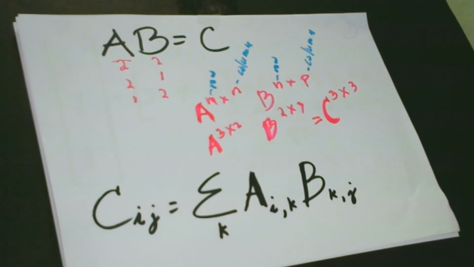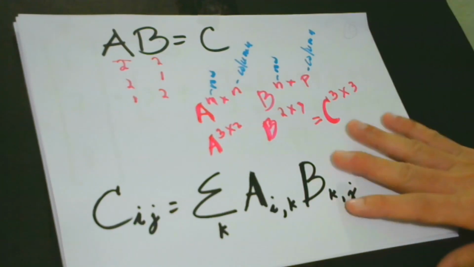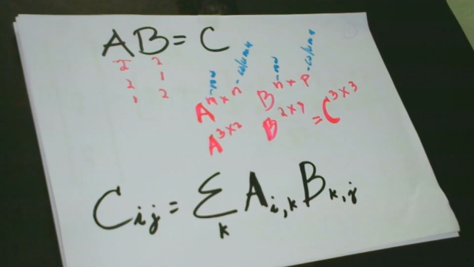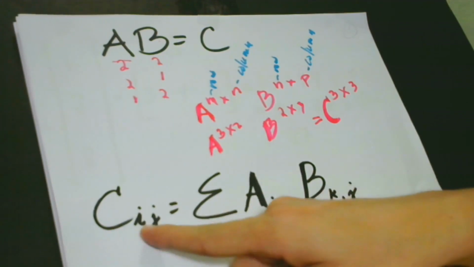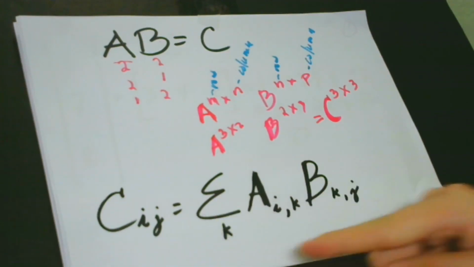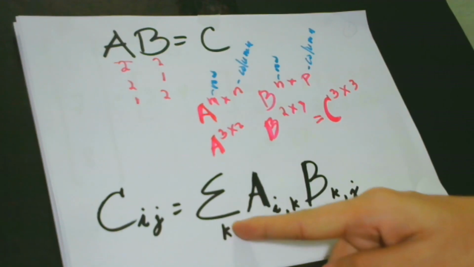Simple. Very simple. So this product operation is defined in this equation. Cij is equal to, remember this notation?